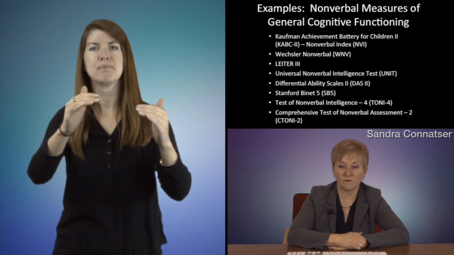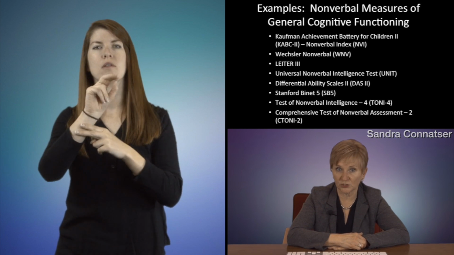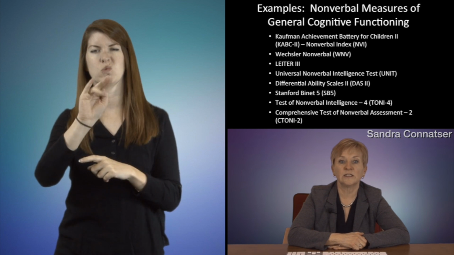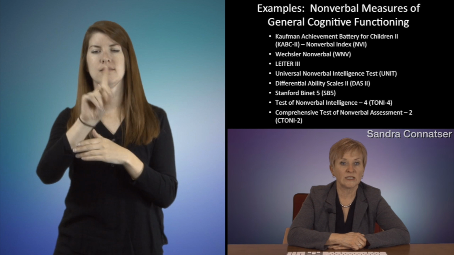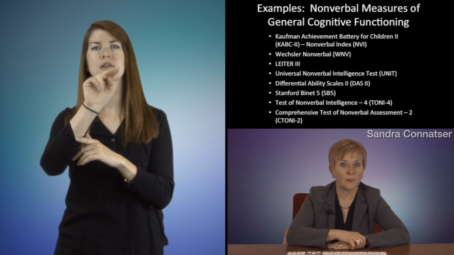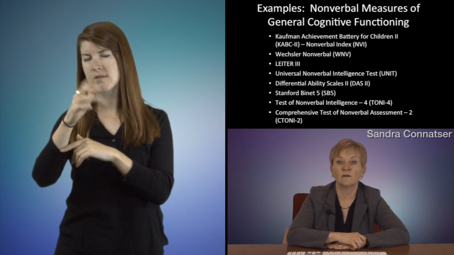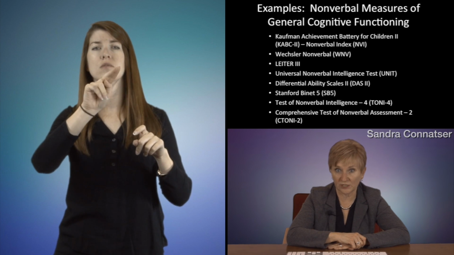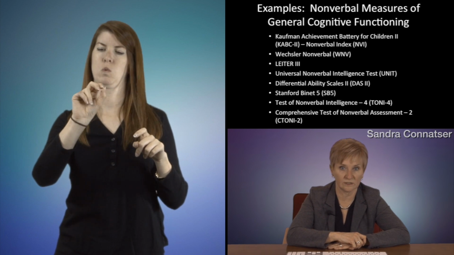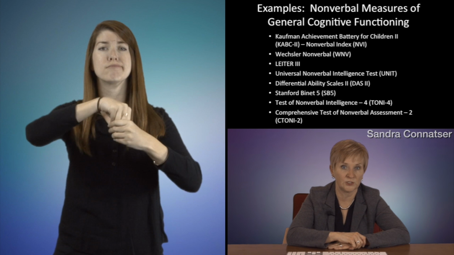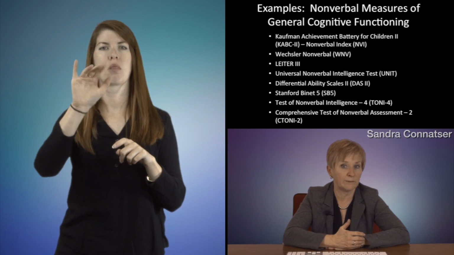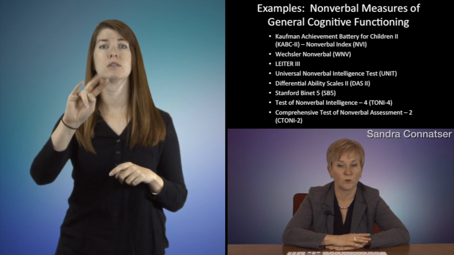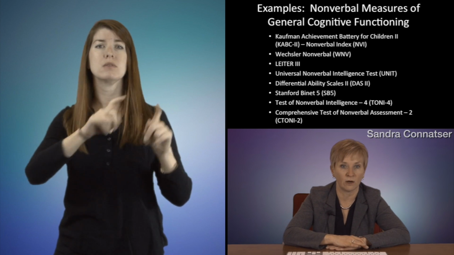The Universal Nonverbal Intelligence Test, the UNIT, is used. The Differential Ability Scales 2, the DAS-2. Stanford-Binet 5. The Test of Nonverbal Intelligence, TONI-4, and the Comprehensive Test of Nonverbal Intelligence, the CTONI-2. Again, those are examples of nonverbal measures that may be used with your child to determine where their cognitive abilities are.